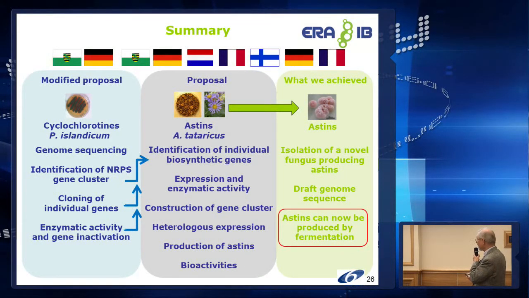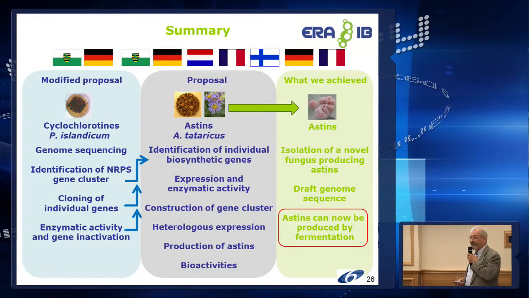Then the slight detour using the cyclochlorotine producer, meaning we wanted to isolate the genes, put them together, do heterologous expression. For this, we decided to use the penicillium strain to get these genes, but in the end, it was much easier because all we needed was the new fungus.